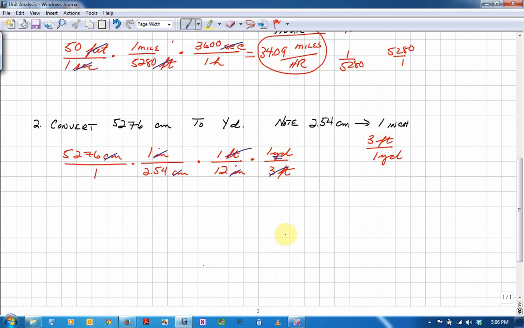So multiplying and dividing the numbers, I would have 57.70 yards.